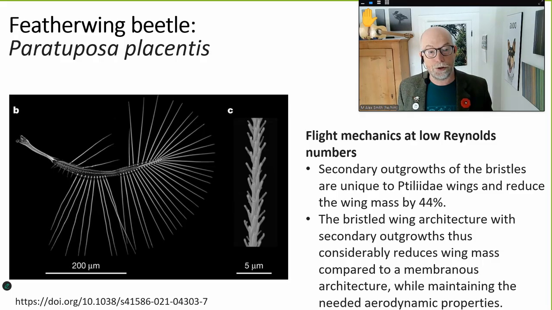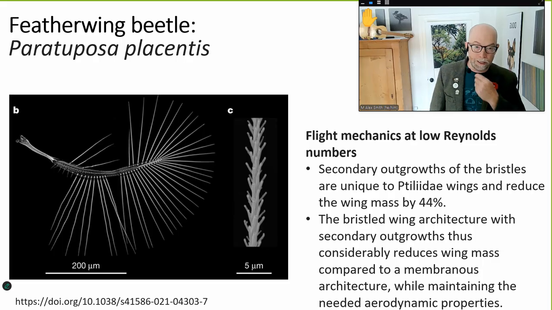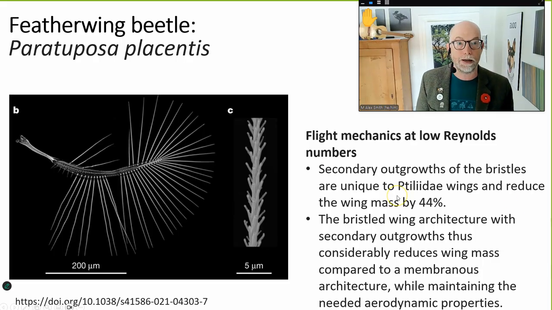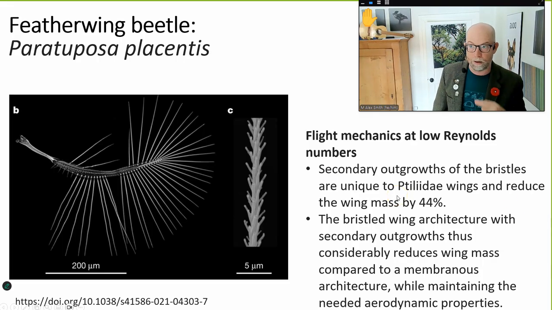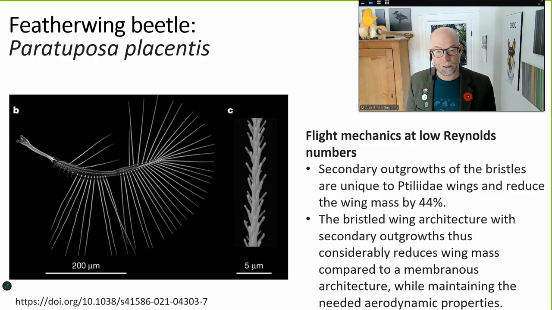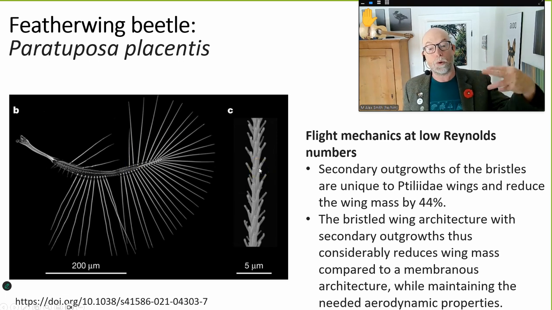And a lot of it has to do with the extreme reduction in the wings. So the Ptiliidae, this is the family of beetles that includes the featherwing beetle. The wing is hyper reduced, and so the veins are essentially reduced to teeth, or to these little thorns. And then we have thorns on thorns.